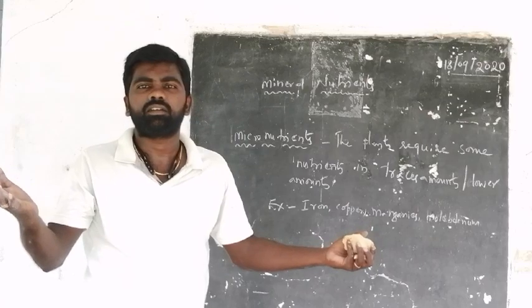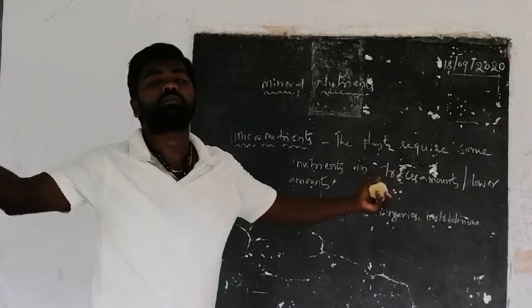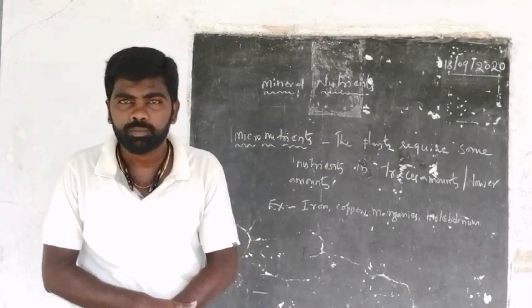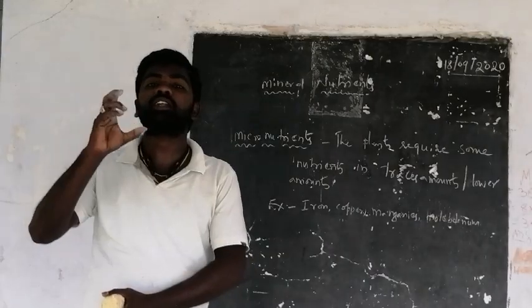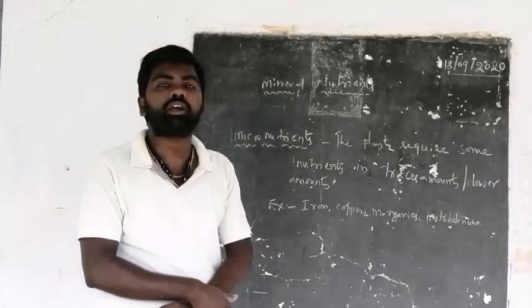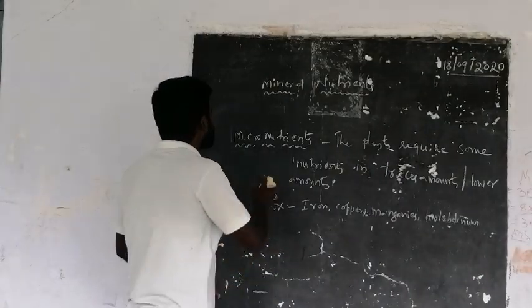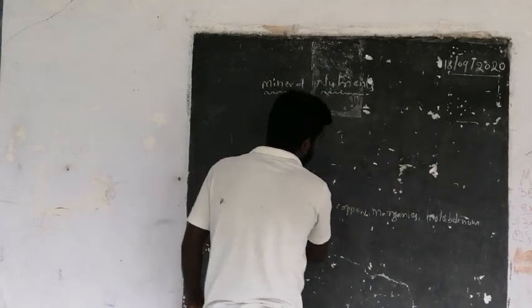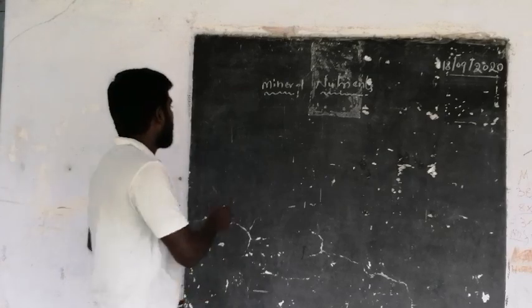But the plant requires not only water but also many mineral nutrients, and those plants are not able to grow properly. So they concluded that mineral nutrients are required for plant growth and development, and they found a technique called hydroponics. Hydroponics, very important, one more question for your syllabus.